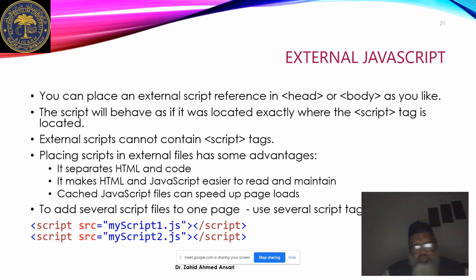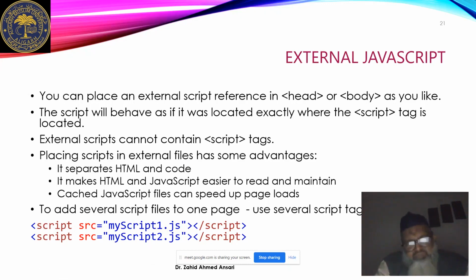We can add different JavaScript files to one page also. We can have multiple script tags, source myscript1 at one place and source myscript2 at another place. We can include multiple JavaScript files within the HTML.